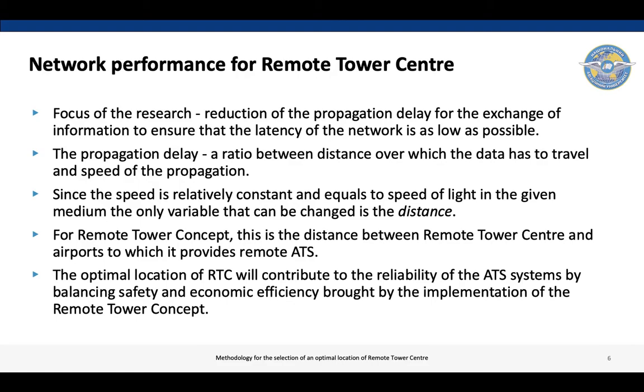In case of the remote tower concept, this is the distance between the remote tower center and airports to which it provides remote tower services. The optimal location for the remote tower center will contribute to the reliability of the air traffic control systems by balancing safety and economic efficiency brought by the implementation of the given concept.